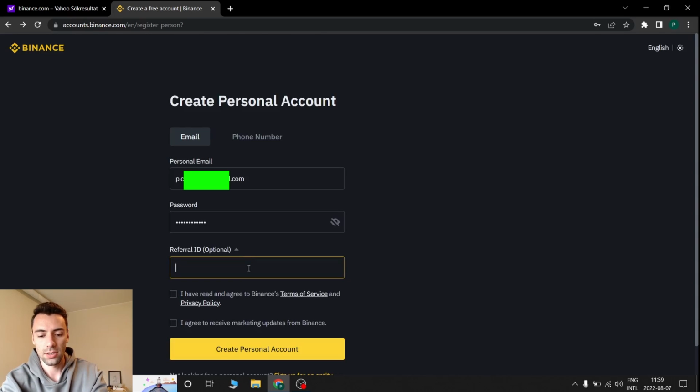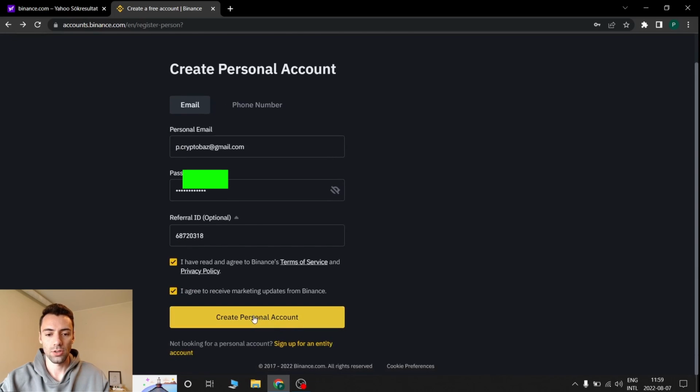So it's 687203118. So I have read the Binance terms and I agree to receive marketing updates from Binance. So create personal account.